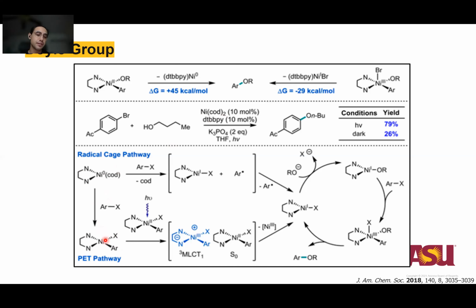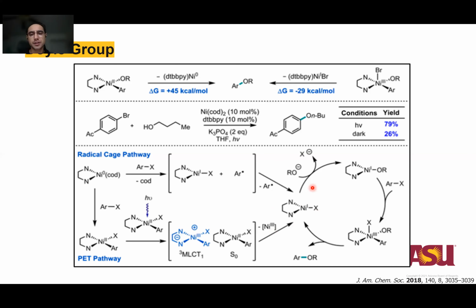And then this nickel 2 intermediate can be excited, and it can form the excimer that I was talking about before, with a ground state version of this complex, where electron transfer can happen. And then they propose this radical cage pathway, where an aryl radical can be ejected from this oxidative addition complex to form a nickel 1 species.